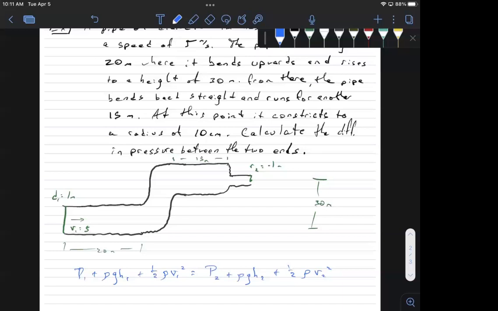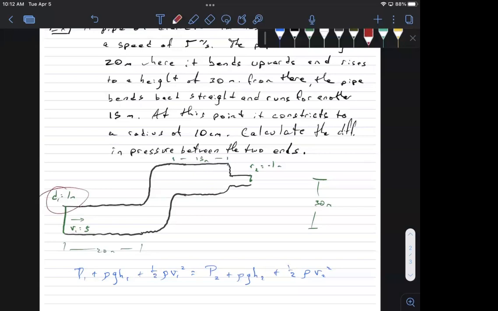Second thing I ask is, does it change velocity? How do I know if it changes velocity? Does it change size? If the size of the pipe changes, then the velocity will change. So I look at the two ends and ask, do they have the same size? Initially, I'm at a diameter of 1 meter, and at the end, I have a radius of 0.1 meters. I already don't like this diameter business.